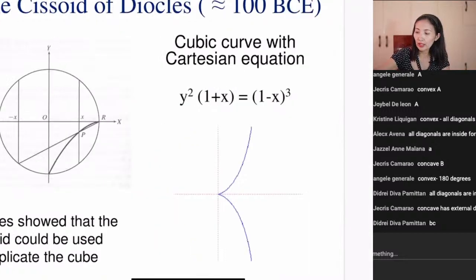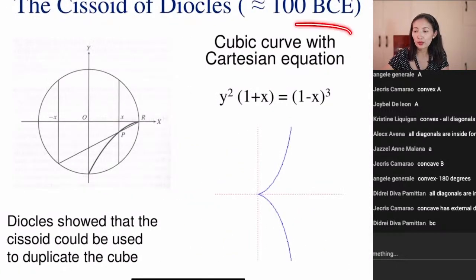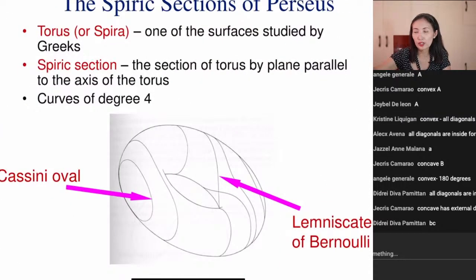The cubic curve with Cartesian equation y squared times the quantity 1 plus x is equal to 1 minus x cubed. This one is a cubic curve. X raised to the third is cubic. This is the spiric section of Perseus, one of the surfaces studied by the Greeks, and it looks like this.